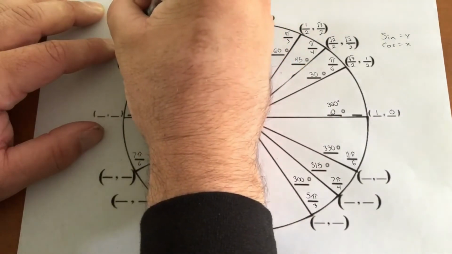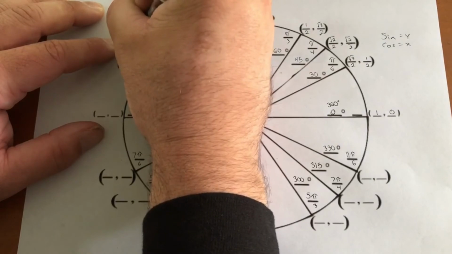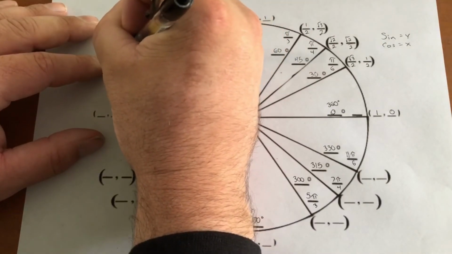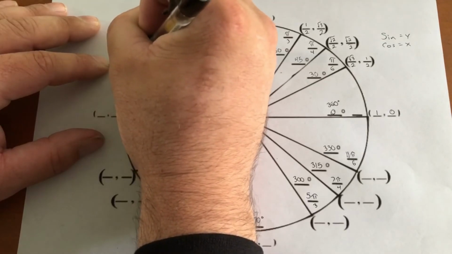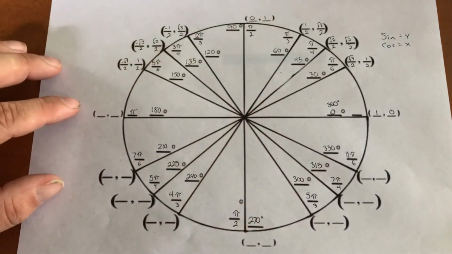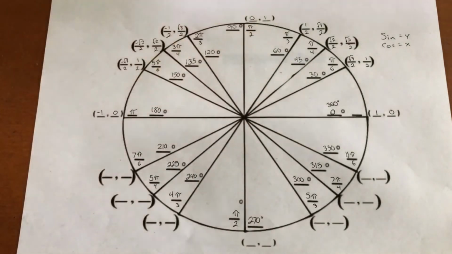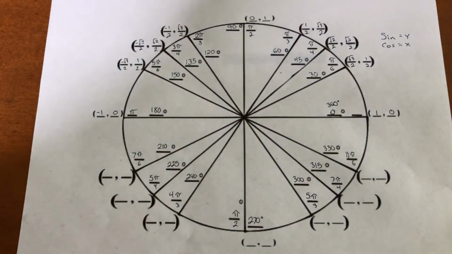This one's negative root 2 over 2 and root 2 over 2. This one's negative root 3 over 2, positive 1/2. And then this one is negative 1, 0. Notice how my coordinates still have the same fractions. The only thing that changed for each one is the sign.